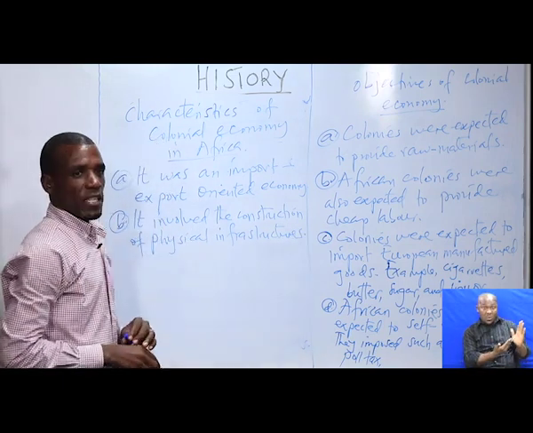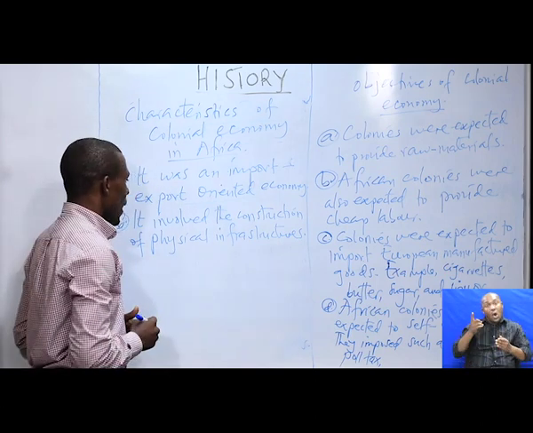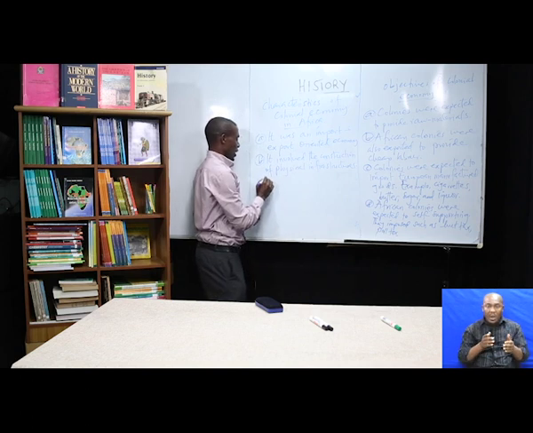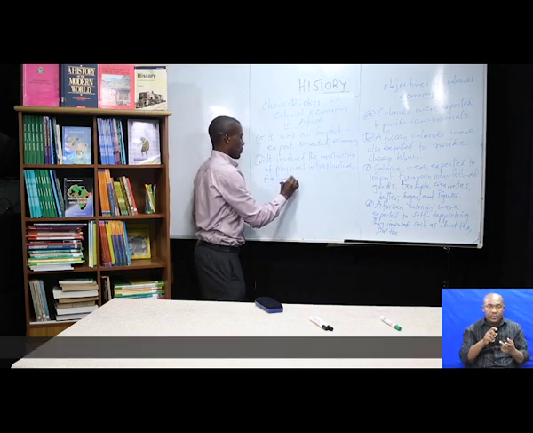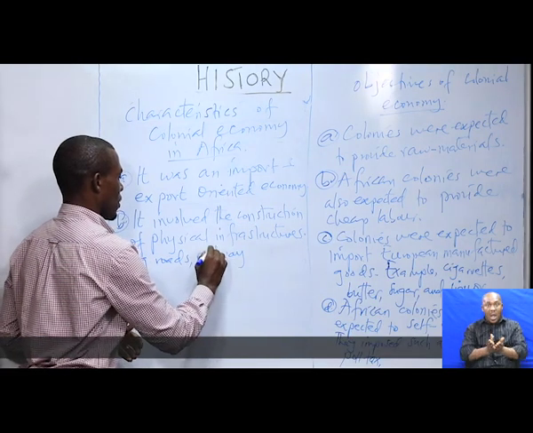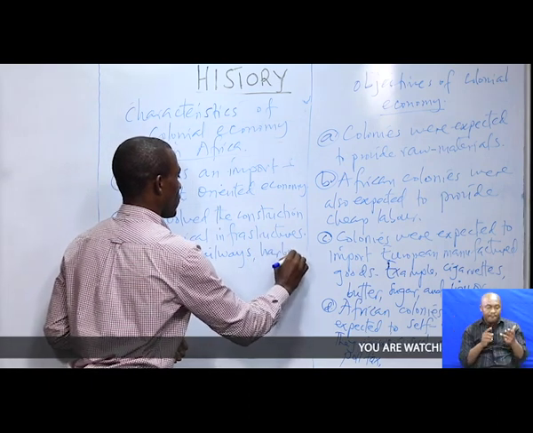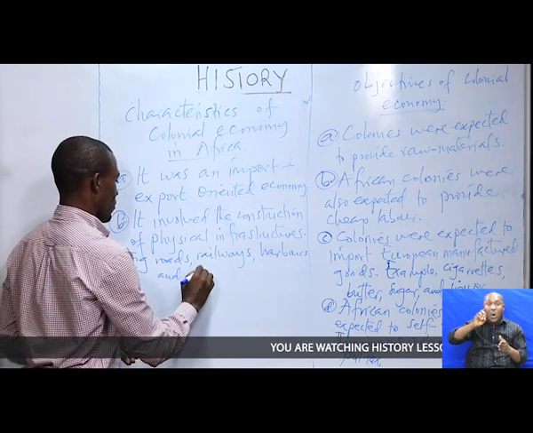The physical infrastructures which characterized colonial economy in Africa included roads, railways, harbors, and ports.